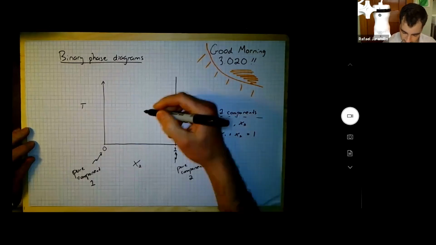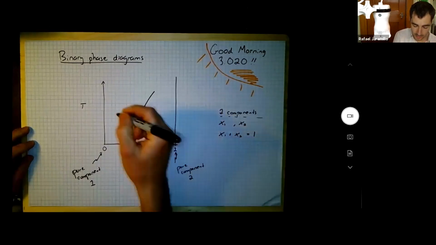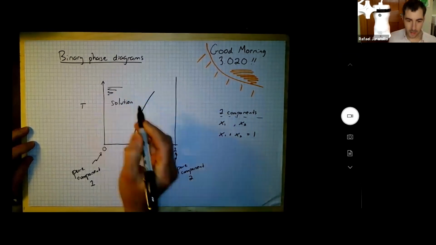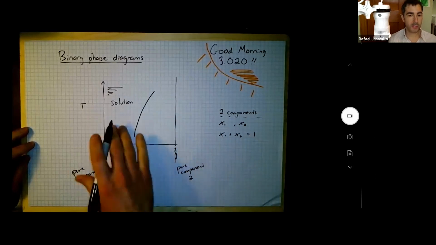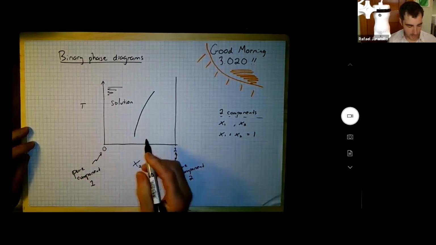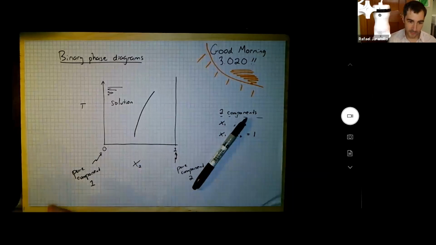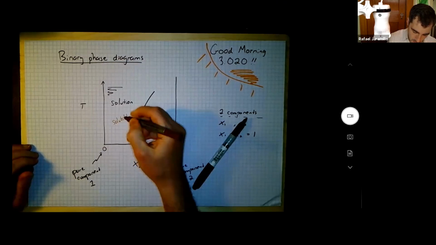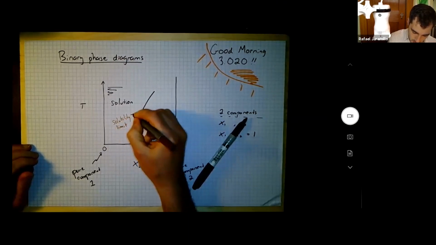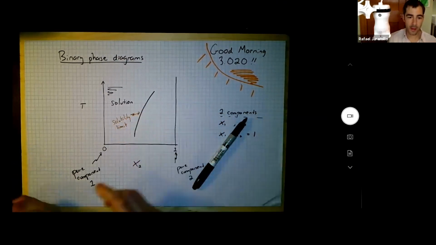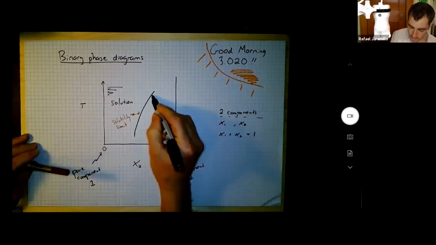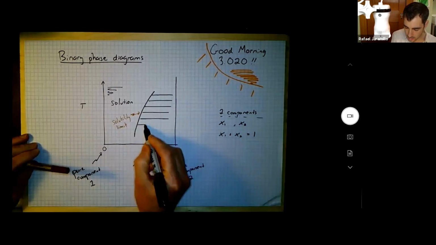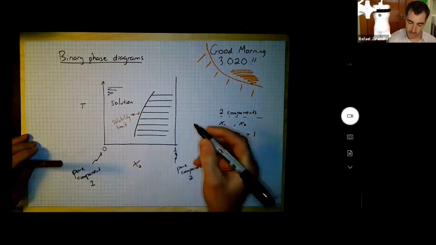Here's a typical thing that you have. You might have a solution phase, so you might have a large region where 1 and 2 mix. And often you'll encounter something like a solubility limit. When you hit the solubility limit, you enter a two-phase region.